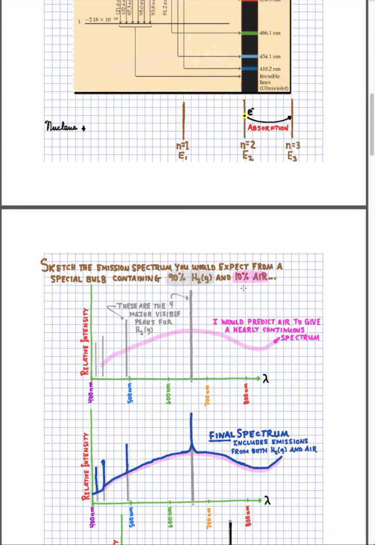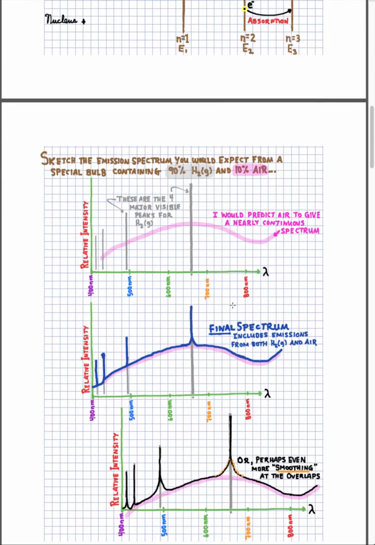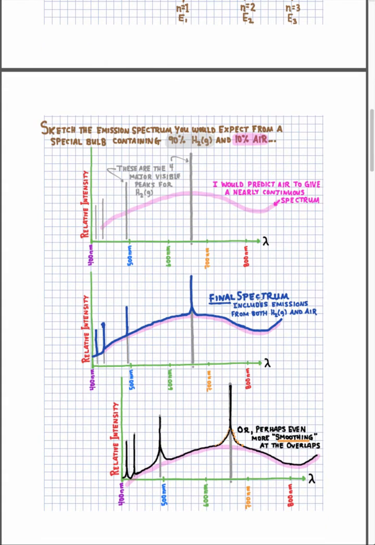But there's also some air in the bulb, and if the air gets excited sufficiently, perhaps it'll give off its particular colors. What does air emit when it gets excited? What colors? What electromagnetic radiation? Which photons? And the answer is I didn't know when I drew this.